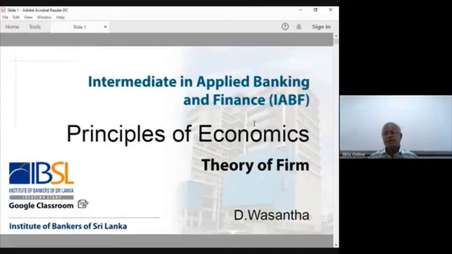What is the price consumption curve? Then we discussed the income consumption curve. Then the income effect and the substitution effect, where the total effect can be disaggregated into two effects: change in demand due to the change in real income, and change in demand due to the change in relative prices.